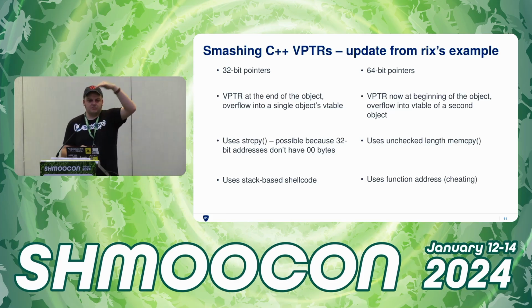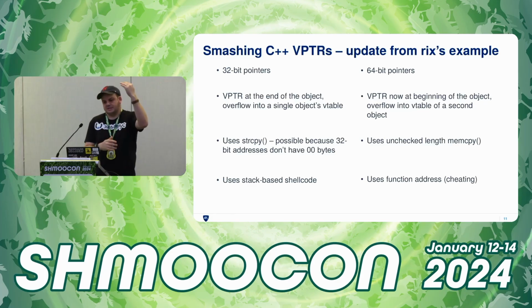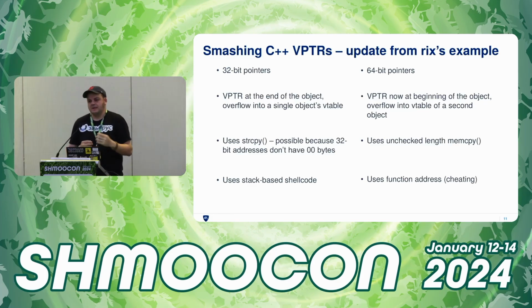So it used to be you could just overwrite the v pointer directly within a single object. Now you rely on the idea that there are multiple objects on the stack, and then you can overwrite into the second one. He used strcpy, and it turns out it worked because he was assuming that his 32-bit addresses didn't have any 0 bytes in them. When you're working with 64-bit addresses, there are a lot more 0 bytes.